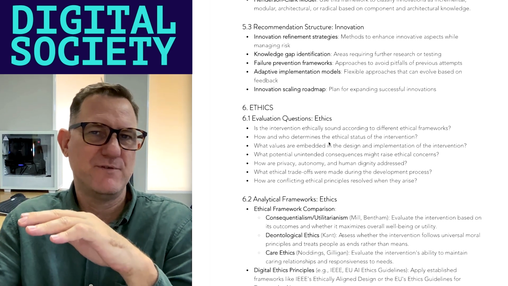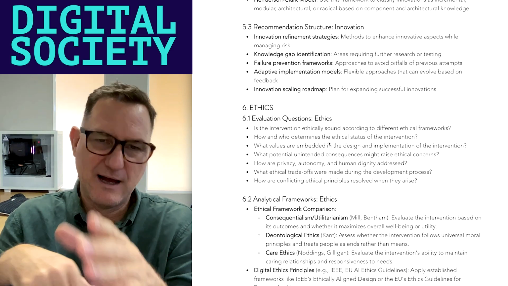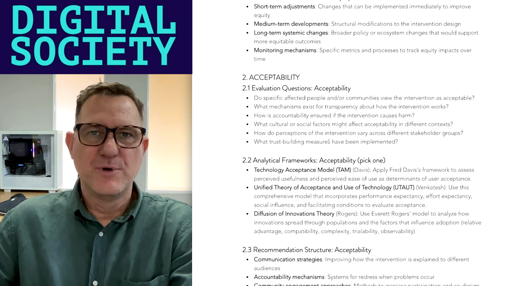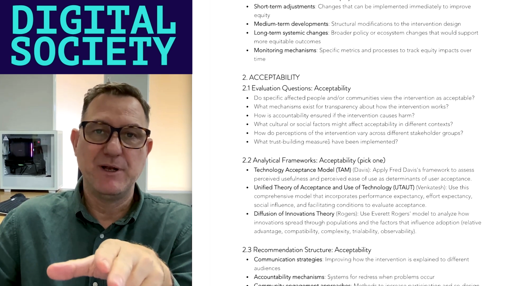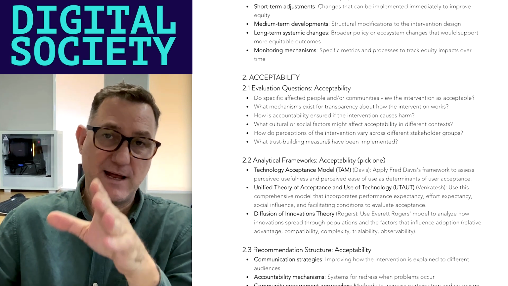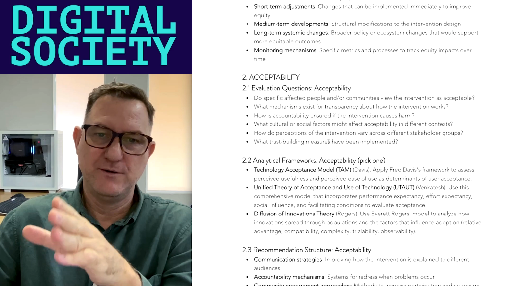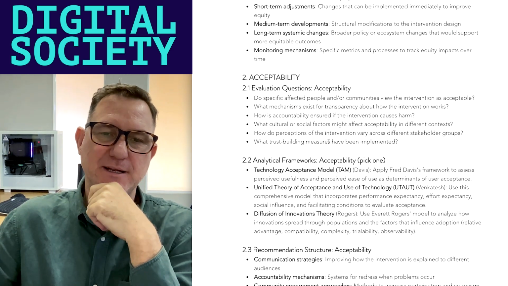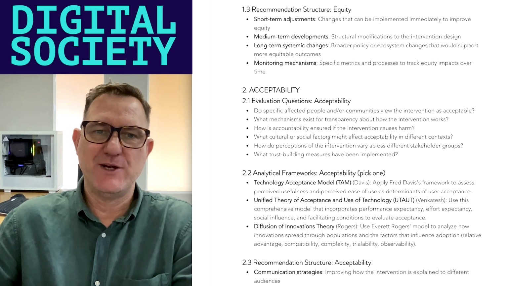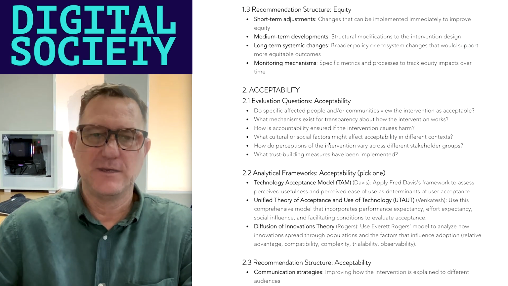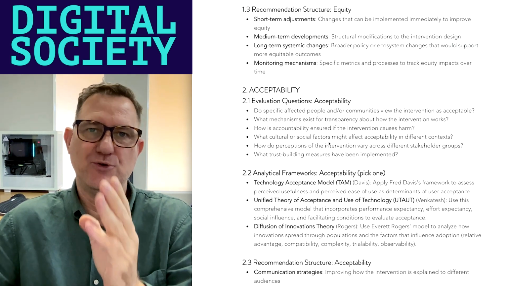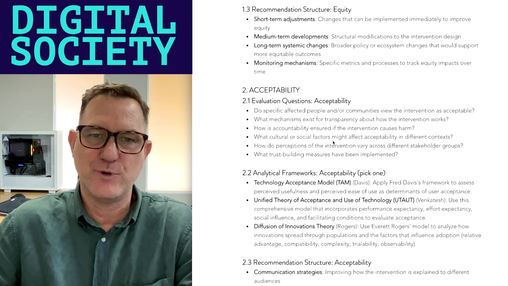If it's about privacy and transparency, it must be about ethics. But for another criterion like acceptability, they may actually say evaluate intervention 1 in terms of acceptability. So in your preparation, you need to do some basic research on each one of those 6, and what I've provided here will help you do that preparation and research.